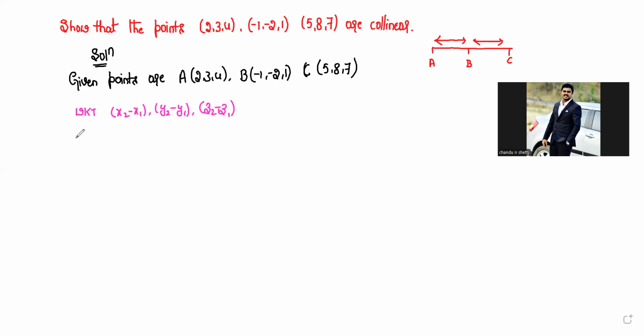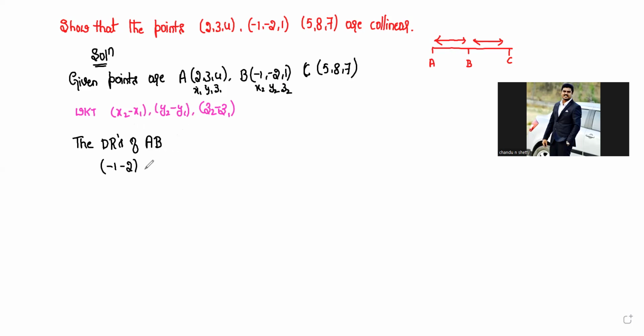Now you should observe the direction ratios of AB. So now x1, y1, z1 and again x2, y2, z2 I'm taking. Okay. So according to this formula, x2 value is -1 and x1 value is 2.